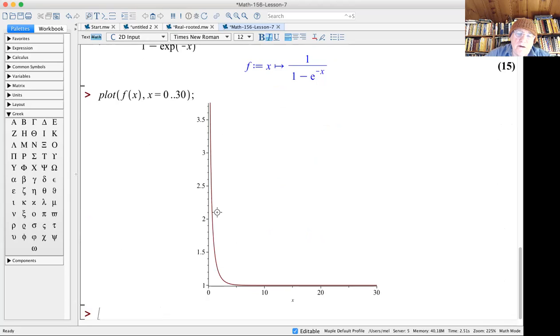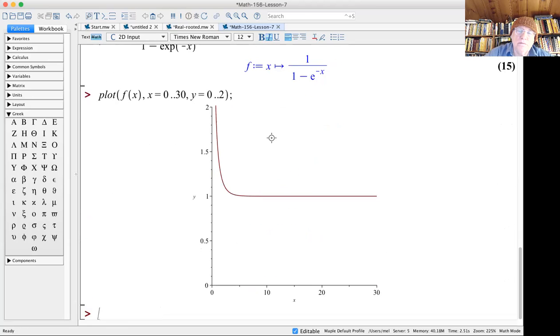So this is a function which is decaying and it's approaching the horizontal line. Y equal 1 is an asymptote. Approaches that line.